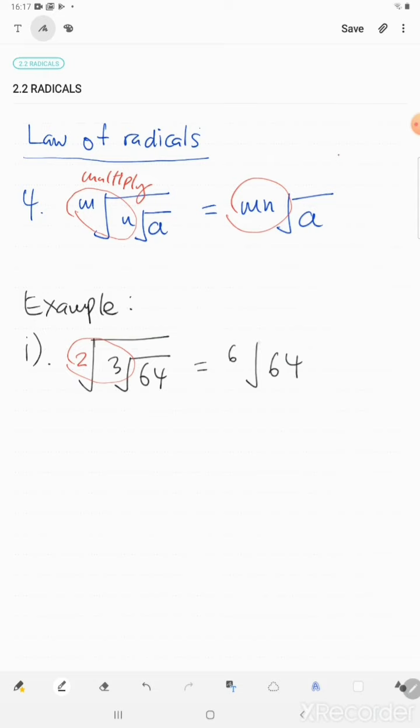We change this into exponential form. 64 is actually 2 to the power of 6.